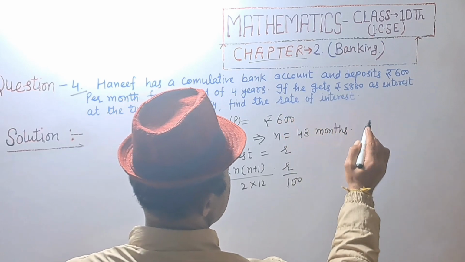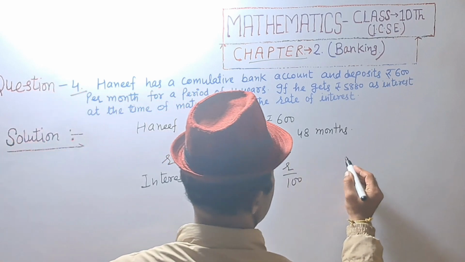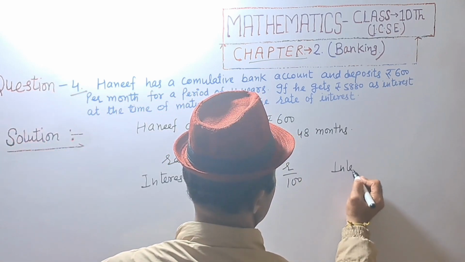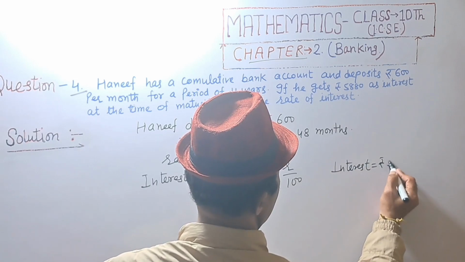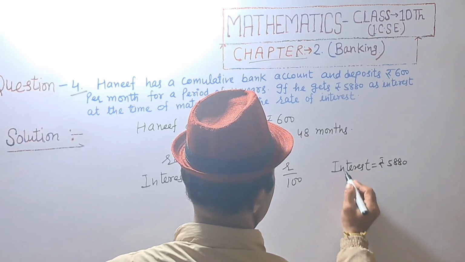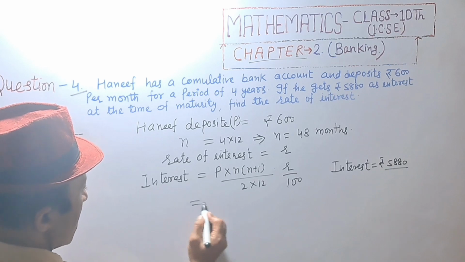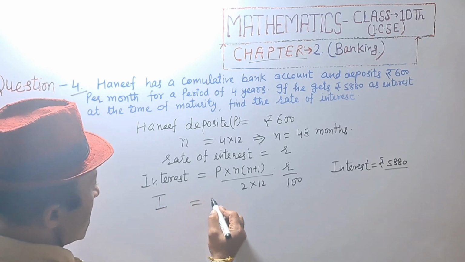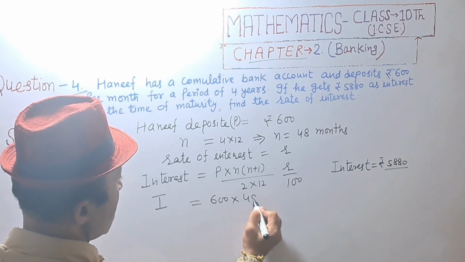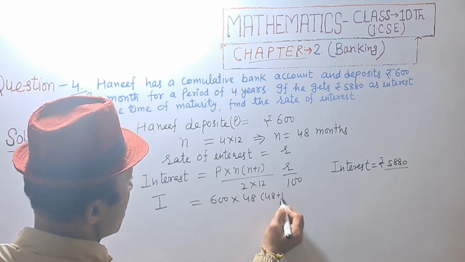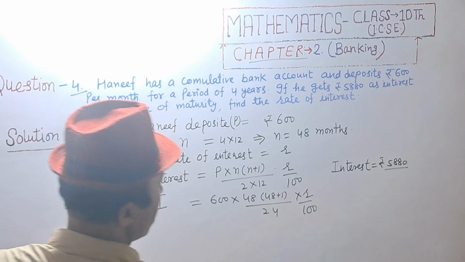If he gets rupees 5880 as interest at the time of maturity, interest is equal to rupees 5880. Interest is 600 into N is 48 into 48 plus 1 divided by 24 into R upon 100.